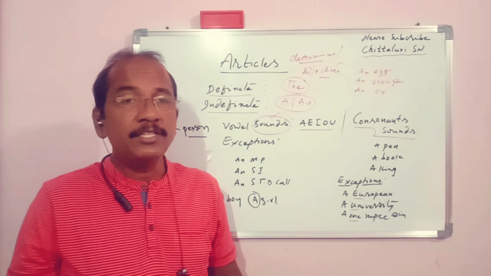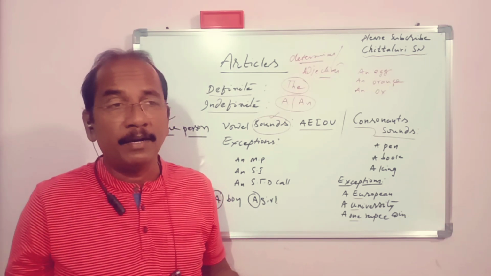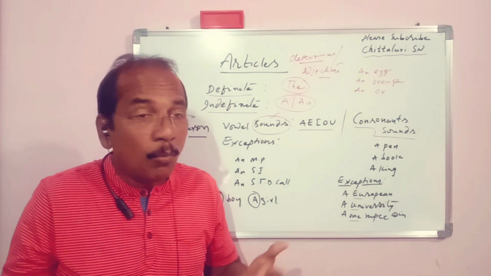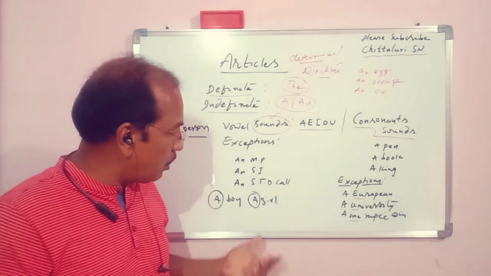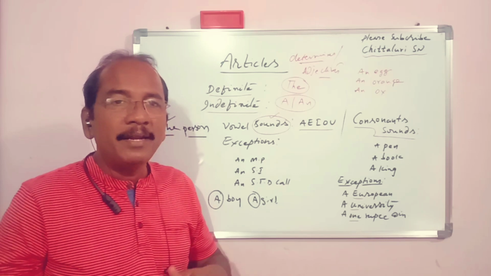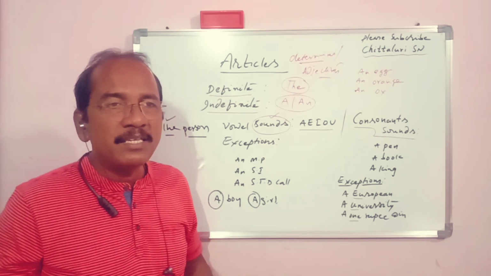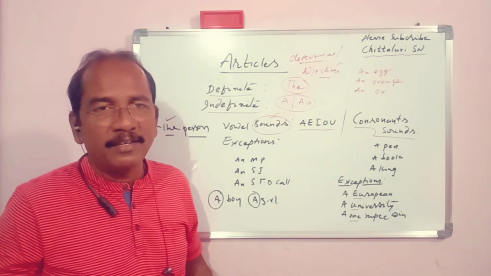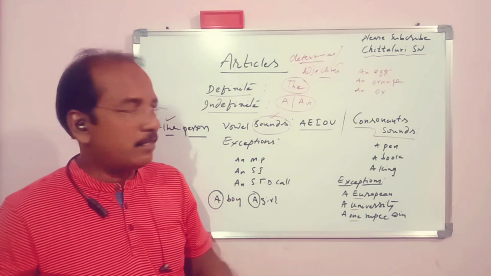A boy means there are many boys, but we are talking about a boy, not a particular boy. A girl, there may be a few or many girls, but a girl is not definite. It is indefinite. That's why we say a and an are indefinite articles.